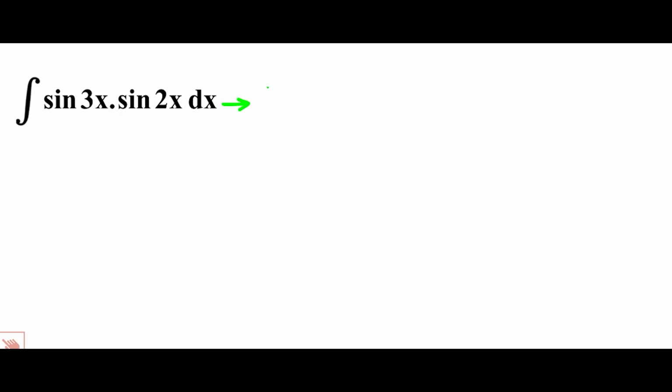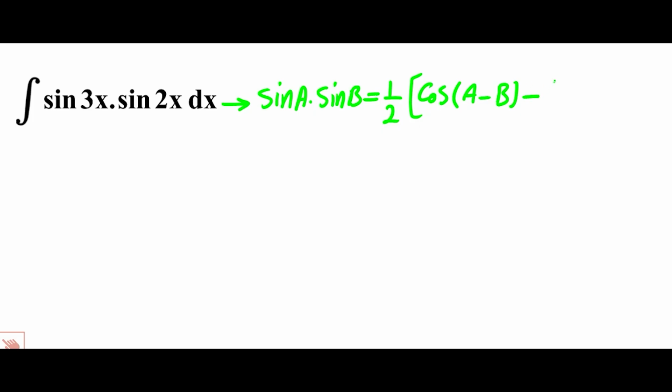First, let's look at our identity for sine of a times sine of b equals 1/2 times cosine of a minus b minus cosine of a plus b.